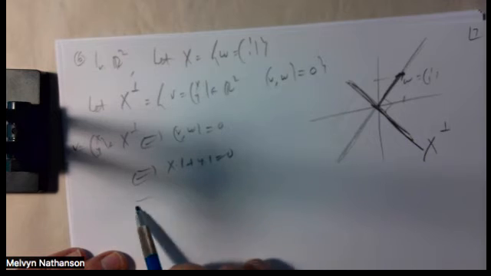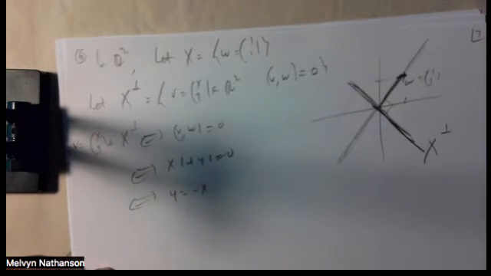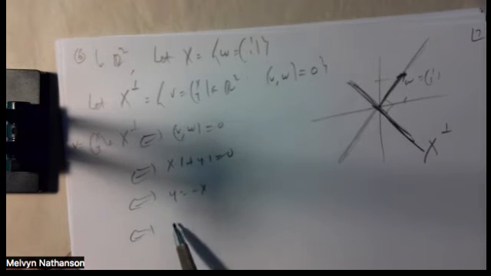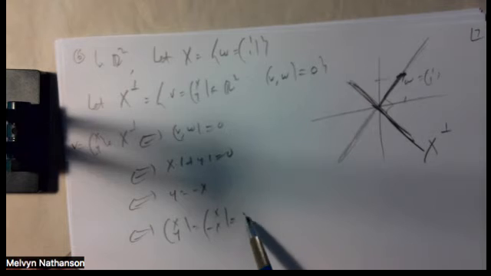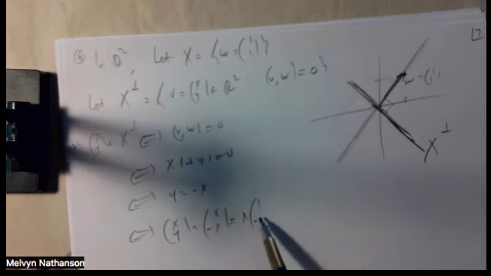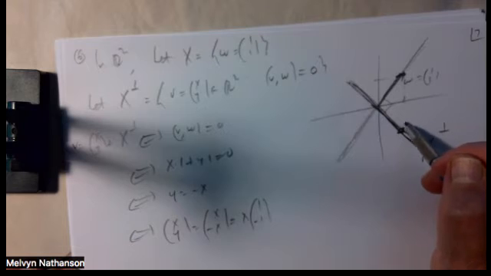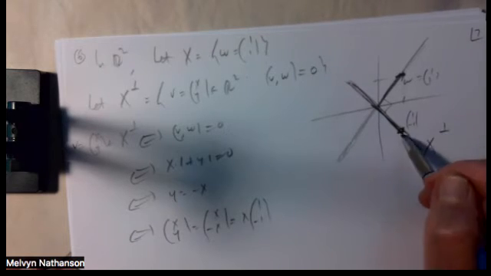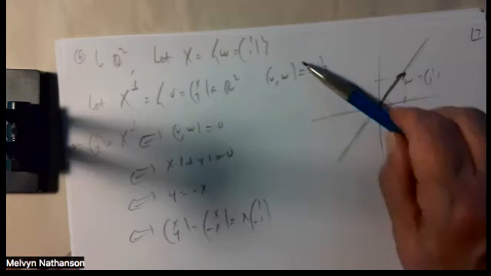That's just the line x plus y equals 0, or y equals minus x. So it's all vectors where y is minus x. That's just all scalar multiples of (1, minus 1). Here's the vector (1, minus 1), and the scalar multiples of it are this line.